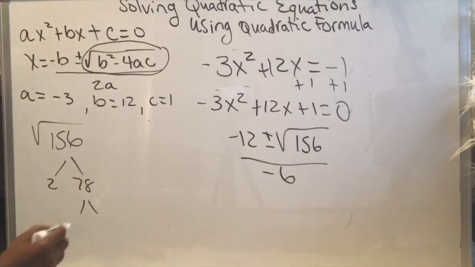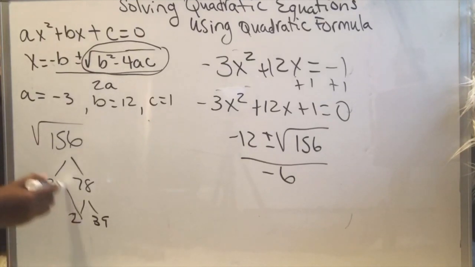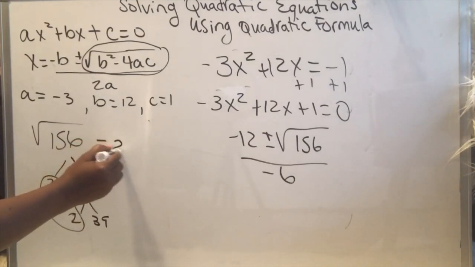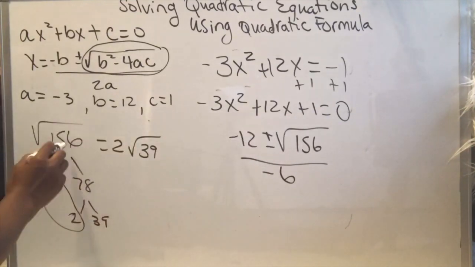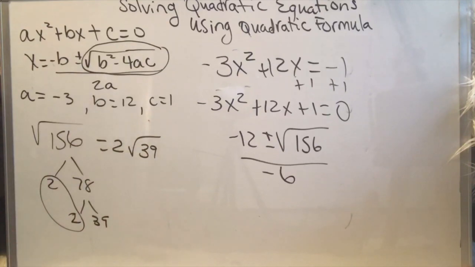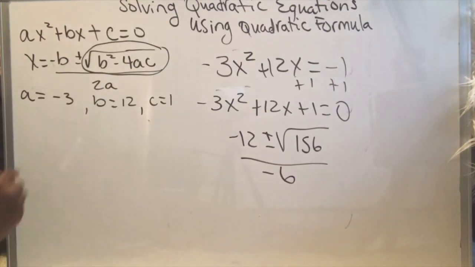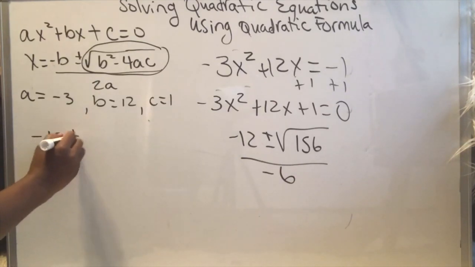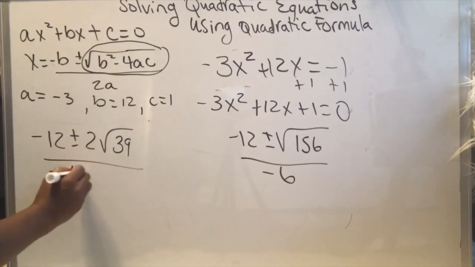Then I'm going to do 2 and 39. And 39 is not a perfect square, so we can stop there. So we have one set. So this equals 2 square root of 39. So I'm going to replace that. Instead of writing the square root of 156, I'm going to put 2 square root of 39. So we have negative 12 plus or minus 2 square root of 39 over negative 6.